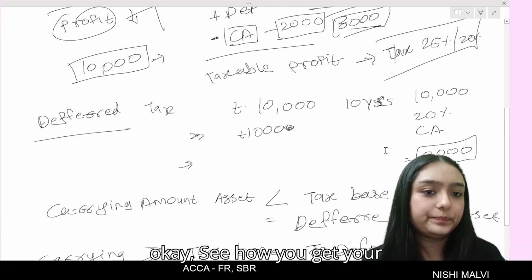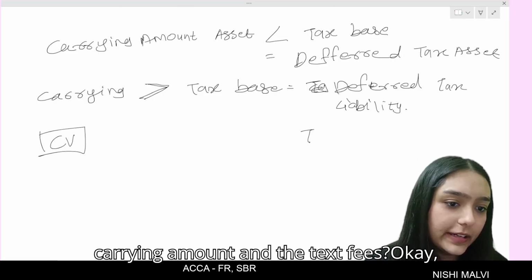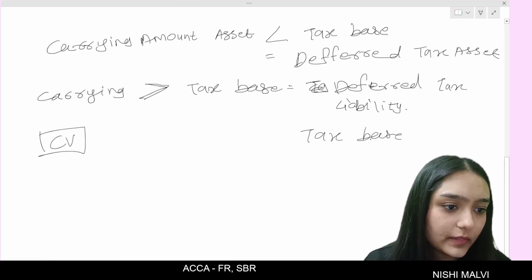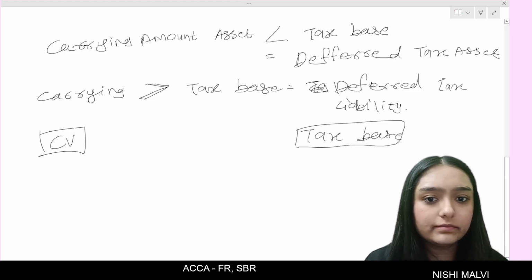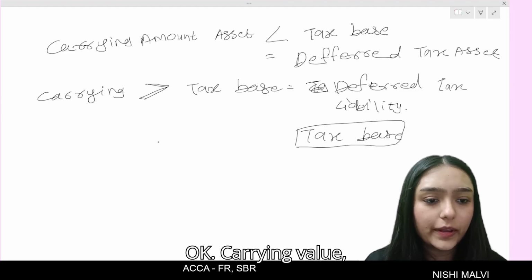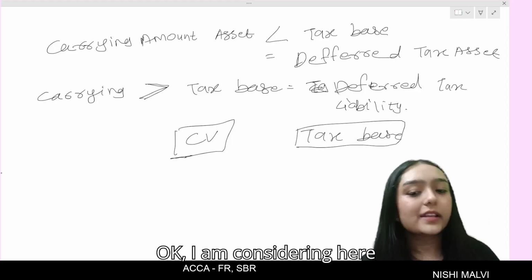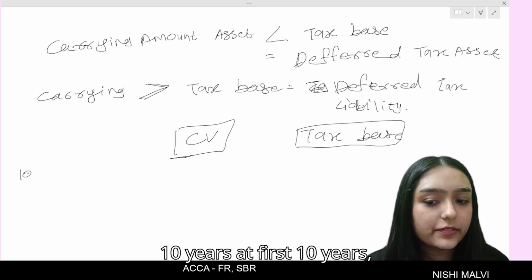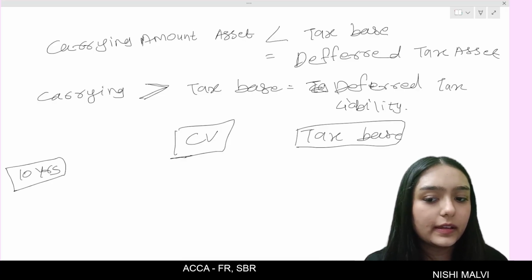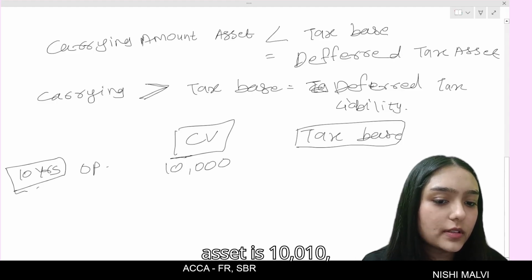See how you get your carrying amount and the tax base. Considering 10 years at first, the opening value of the asset is 10,000.